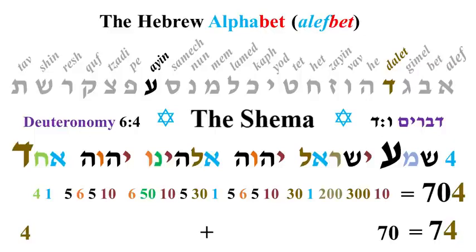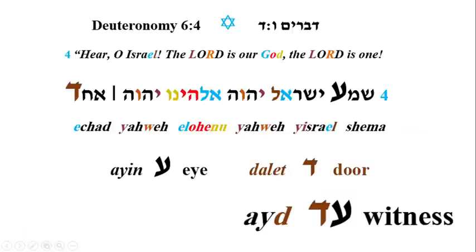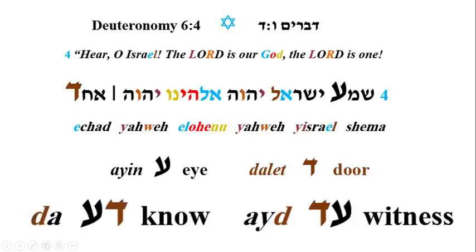Very clever. And those two letters together, Ayin and Dalet, spell ed, the word for witness in Hebrew. If you spell them backwards, Dalet, Ayin, it spells the word da, as in know, to know something. So he wants you to witness this verse, and he wants you to know this verse.